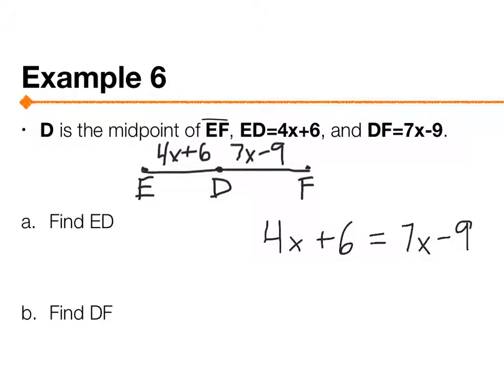We put them equal because we know if D is the midpoint, ED is congruent to DF. So we could put tick marks here just to show that these two are congruent. So how would we solve this? Let's combine like terms.